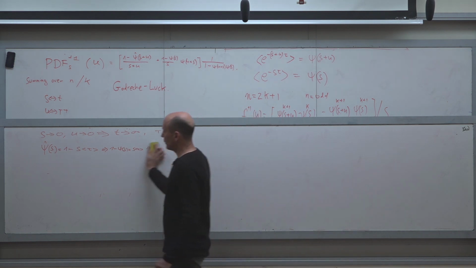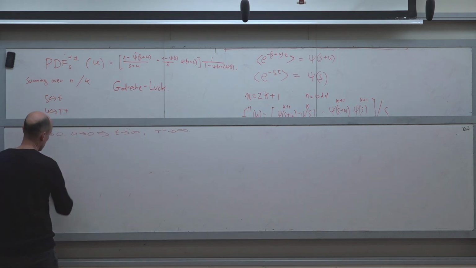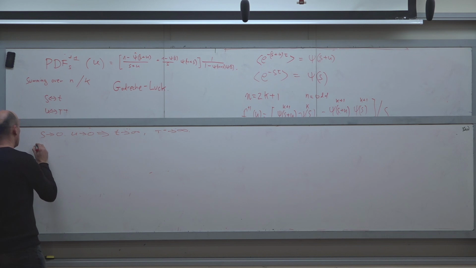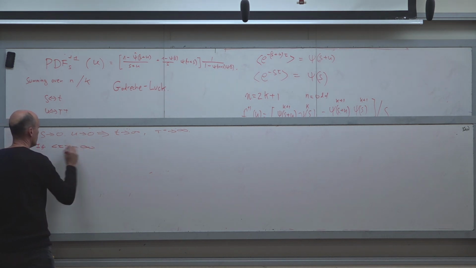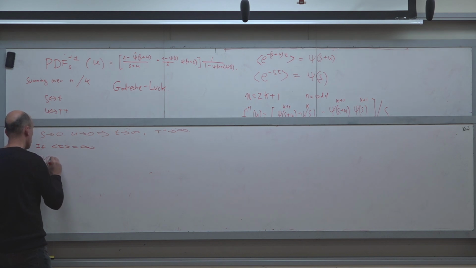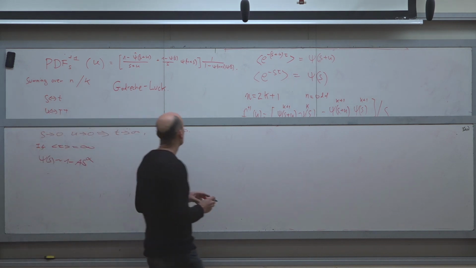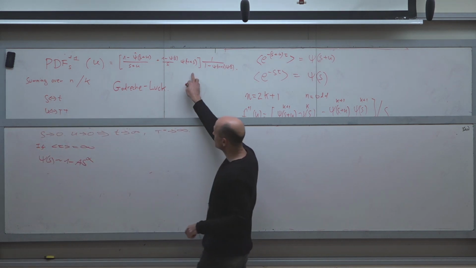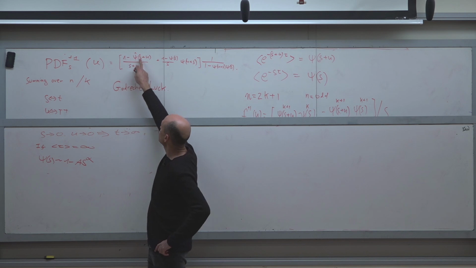Now we want to do something slightly different. If the average tau is infinite, then psi of s is 1 minus a s to the power alpha. Again, I use this equation. So I have 1 minus this thing.